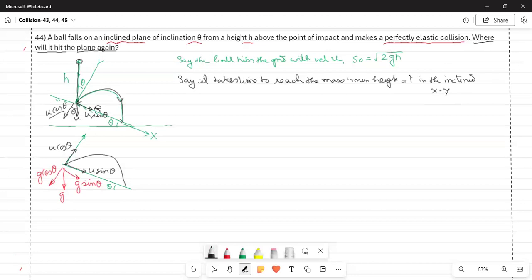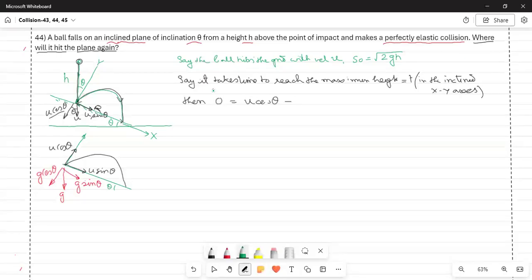Then we can write final velocity v equal to 0 is equal to the initial velocity in the perpendicular direction, u cos theta, minus g times t.